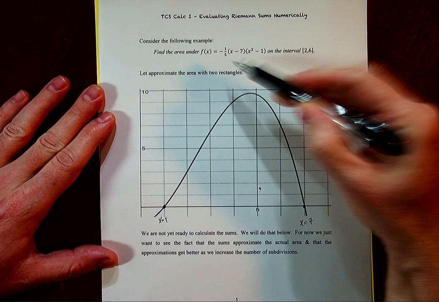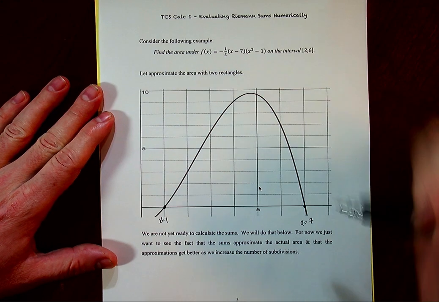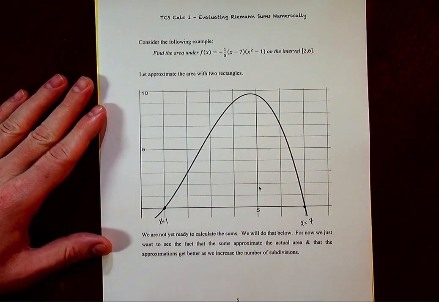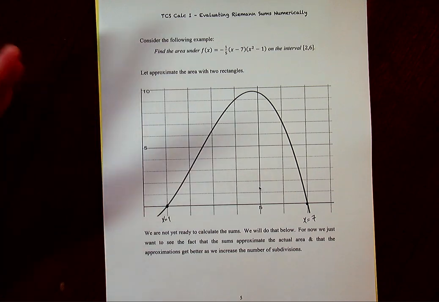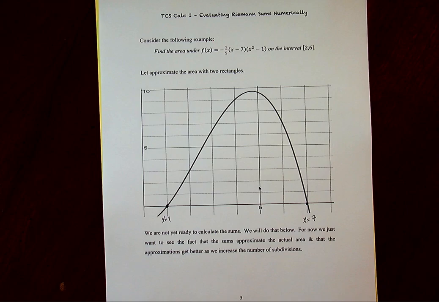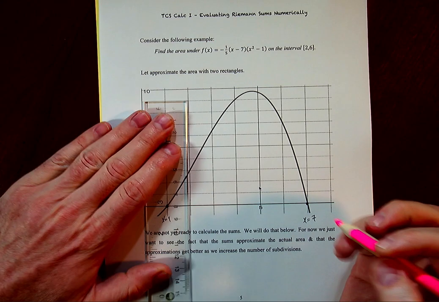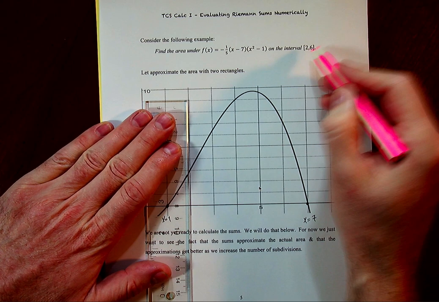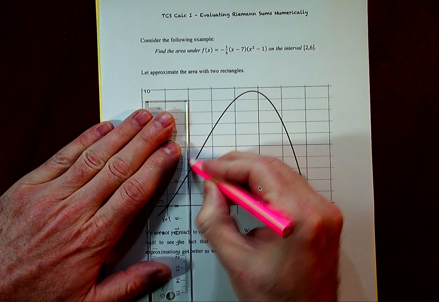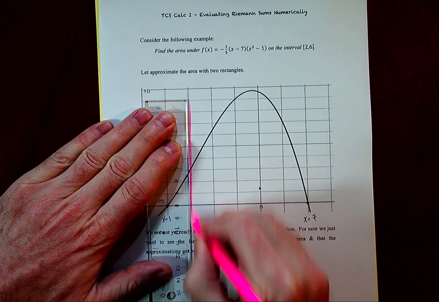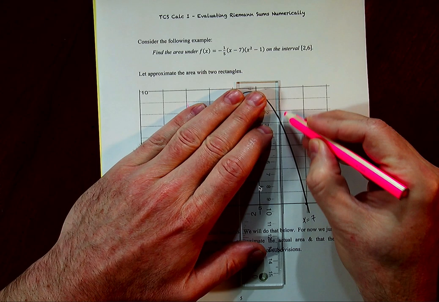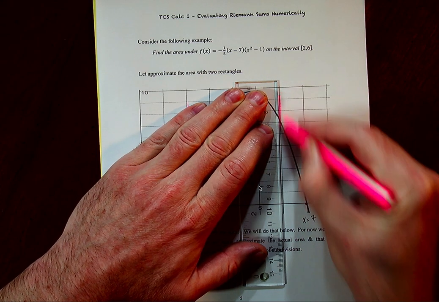Well, x - 1 and x - 7 are both factors of the function, okay? So let's say I wanted to find the area between, not x = 1 and x = 7, but 2 and 6. So let's go ahead and draw vertical lines that designate our interval, okay?